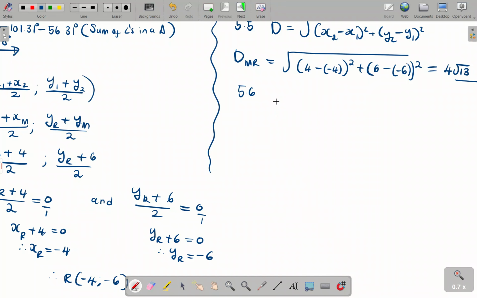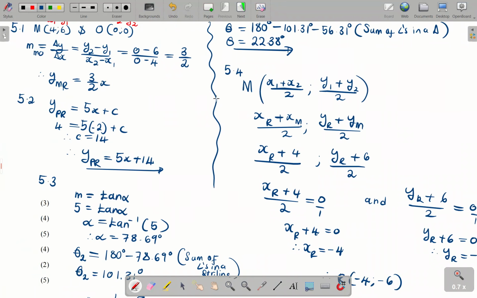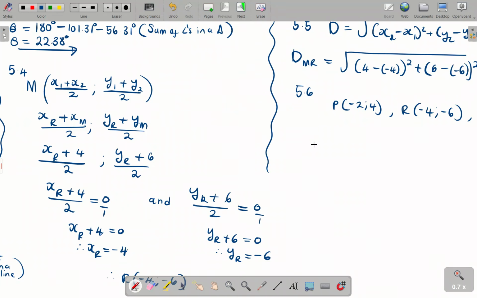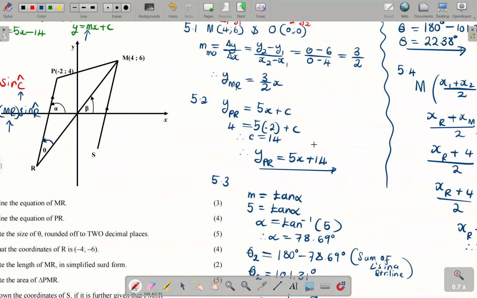So first, I need the coordinates. I'll start with P. The coordinate of P is (-2, 4). And then R, I know this is (-4, -6), and M is simply (4, 6).